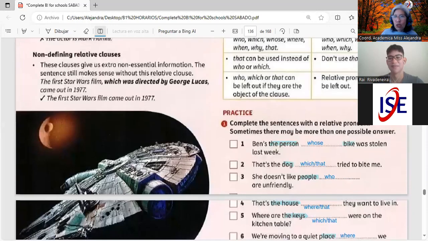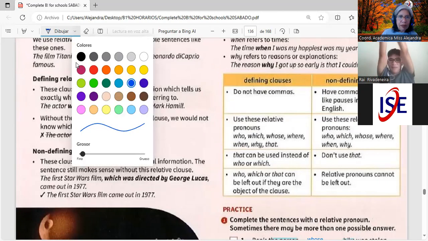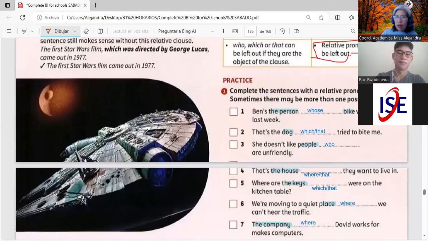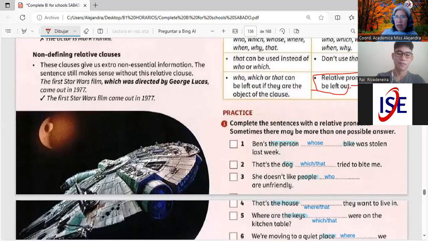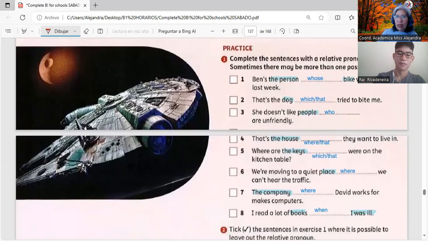Now let's see which ones. Remember that in the non-defining, we can leave out the relative pronouns. So Ben is the person, bike was stolen.